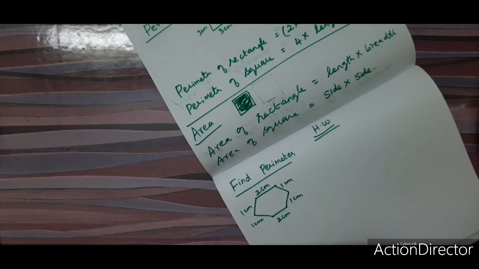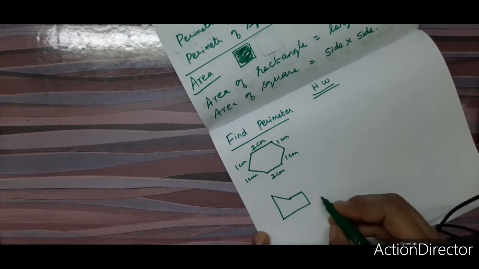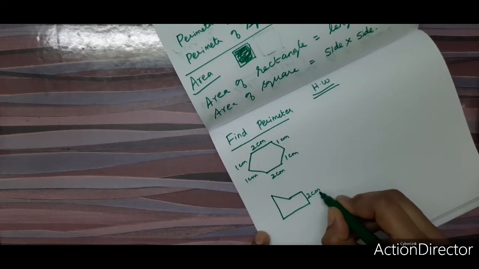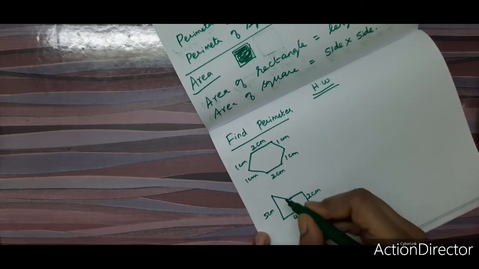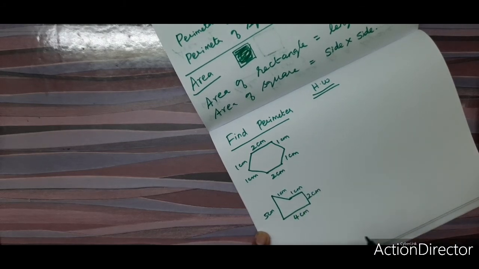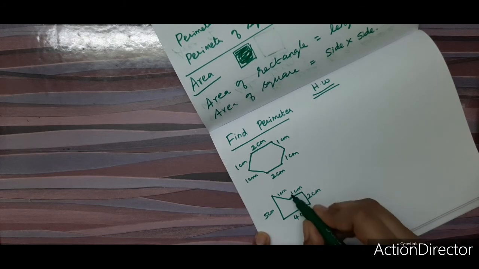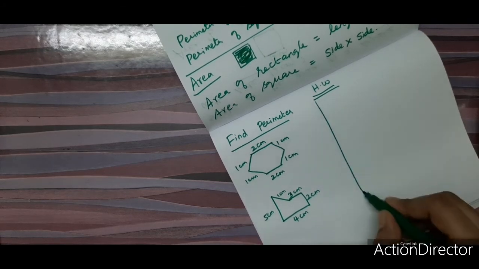Next, this is another shape. This is 2 centimeter, 4 centimeter, this is 5 centimeter, this is 1 centimeter, this is 1 centimeter, this is 3 centimeter. Find this perimeter.